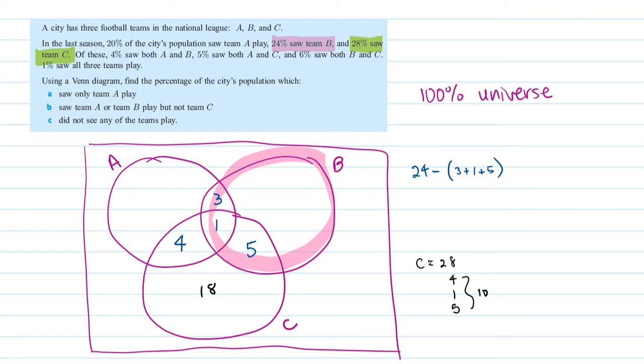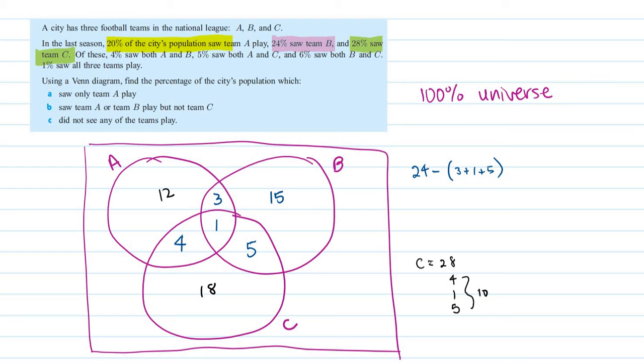We subtract 9 from 24 to get 15% who saw only B. Then 20% of the city's population saw Team A. Again, use the same process. This whole circle would represent 20, but we already have 8% spoken for, so that means 12 should go out here.